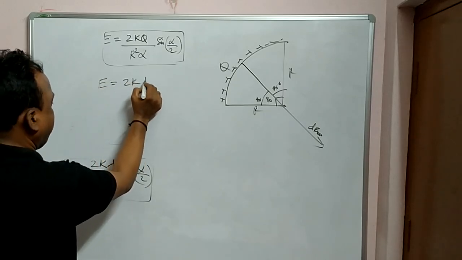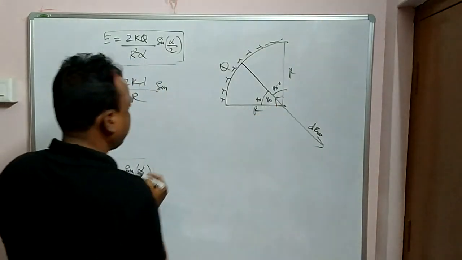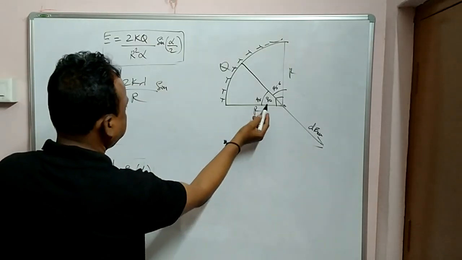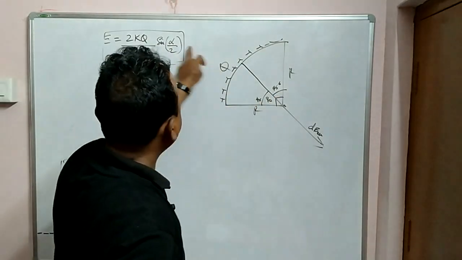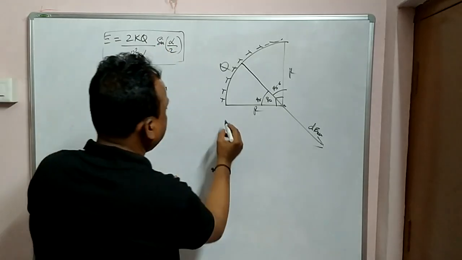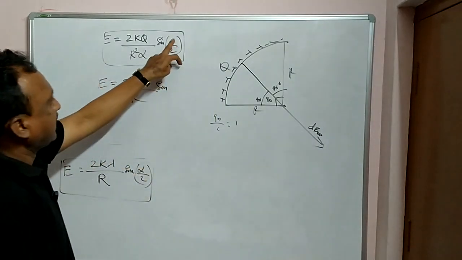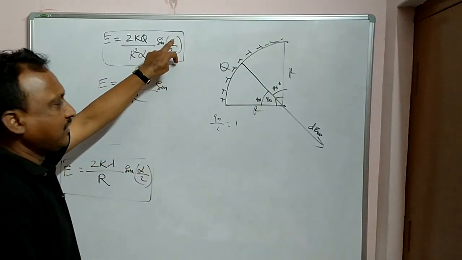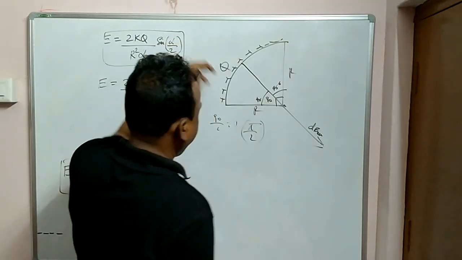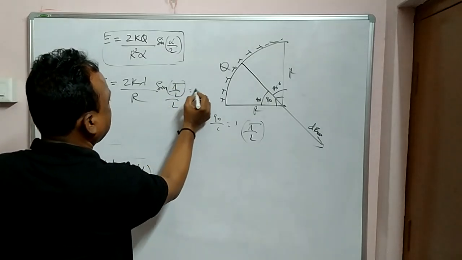E net is equal to 2k lambda by r into sine, what is the angle? 90. So sin alpha by 2 means 90 by 2, which is 45 degrees. Alpha is measured in radians. How can we write 90 degrees in radians? Pi by 2, so alpha by 2 is pi by 4.